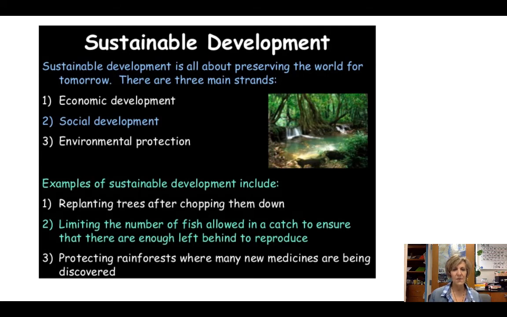So examples of that would be replanting trees after we cut them down, limiting the number of fish in a catch to make sure there's enough left behind. Think about minimum viable population. So we live near the Chesapeake Bay, and they're going to have a limited number of crabs that you can catch and a limited number of oysters to try to make the sustainable population growths of those two important species.